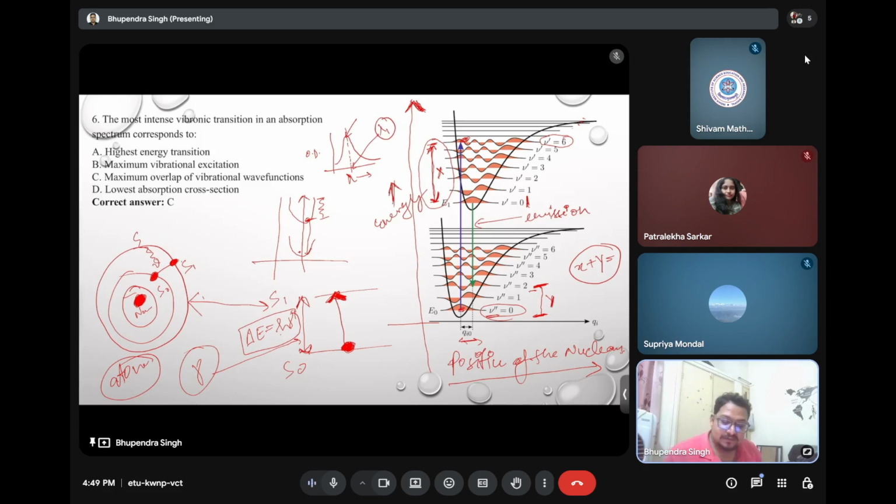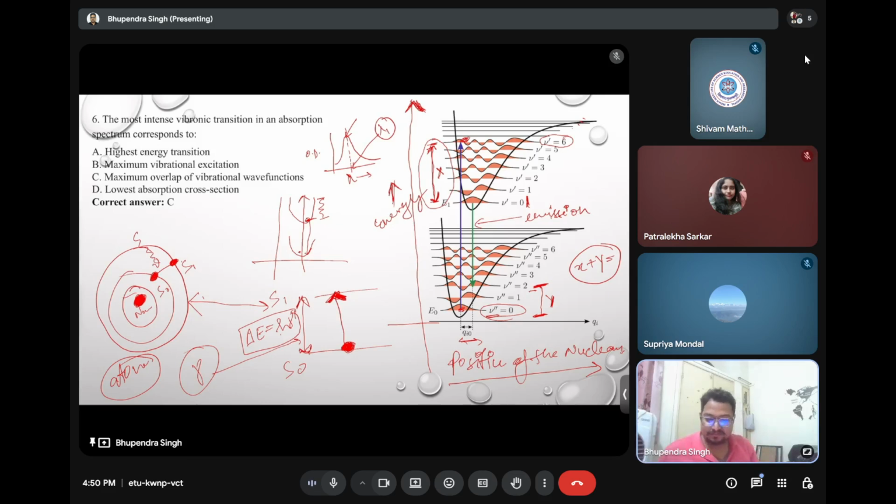So there is an energy difference. How much? X and Y. Total energy difference between absorption maximum and emission maximum, what is it called? Have you heard about Stokes shift? Yes, Patlika said Stokes shift. Yes, it is Stokes shift.